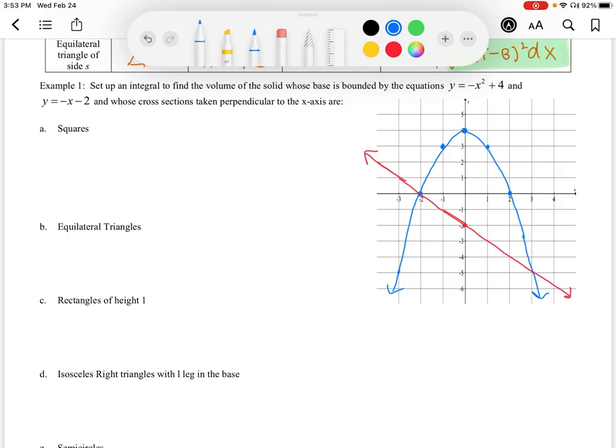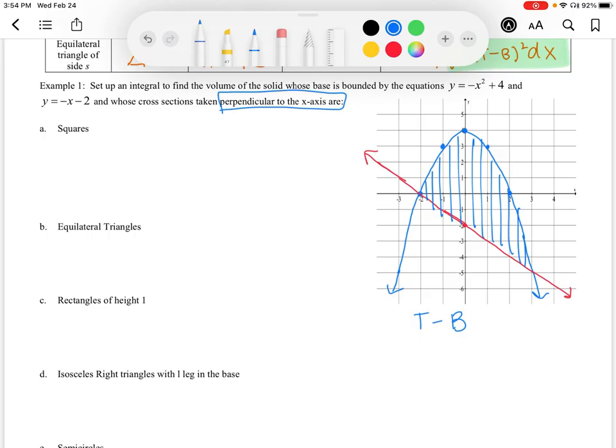And we've got our specific cross sections. It says that they're perpendicular to the x-axis. So that means that we're going up and down here in our little area. So if we're going up and down like that, it does mean it's going to be a top minus bottom. If it says they're perpendicular to the y-axis, that's going to be our right minus left.